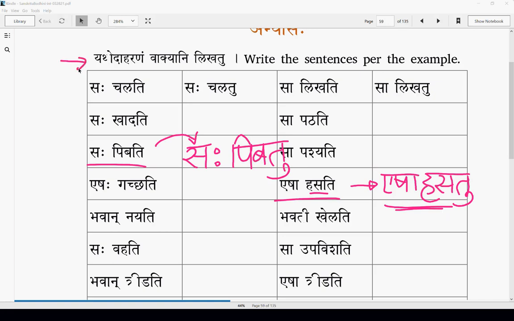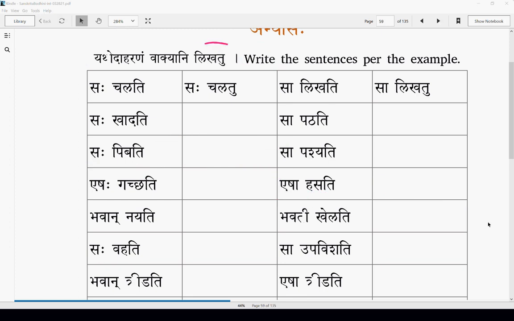So at the top, what to do with this exercise? In English it is written, write the sentences as per the example. So here write is also a request or a command, right? So this Sanskrit sentence is also in the Lot Lakara form. The Kriyapada is in the Lot Lakara form.